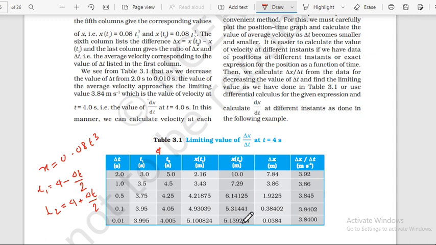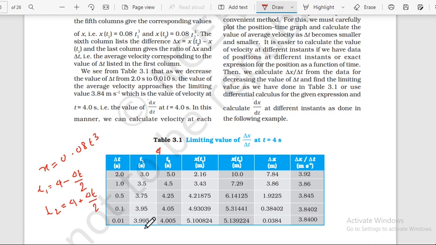Actually here in the calculation they have ignored more digits after this 4, so that's why it is coming 3.84, but it will be 3.8400 and then some more digits. But approximately it is approaching 3.84, isn't it? It was 3.842, but it is 3.8400 and then some digits.